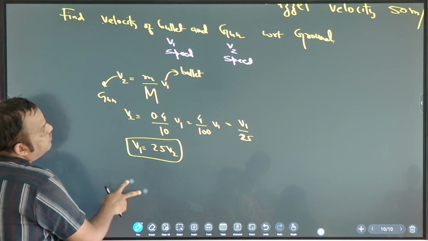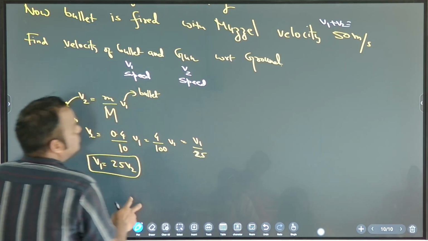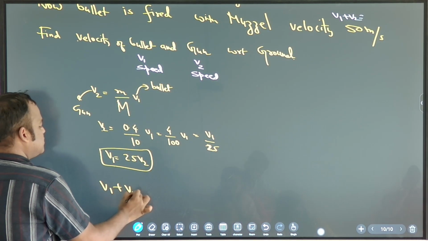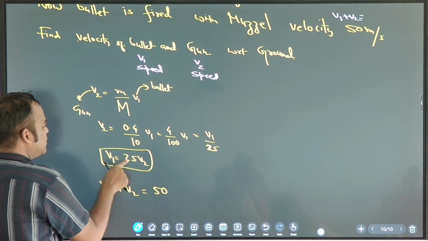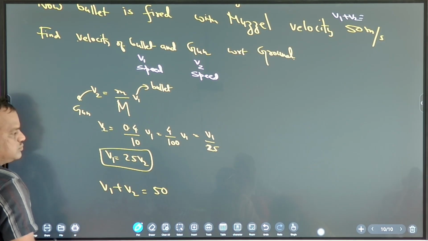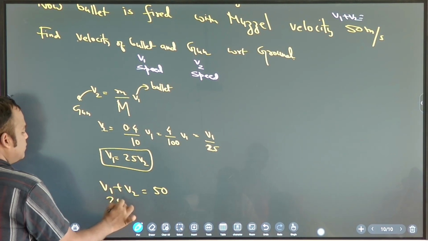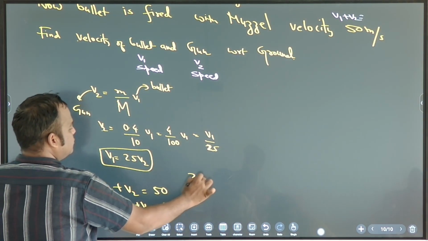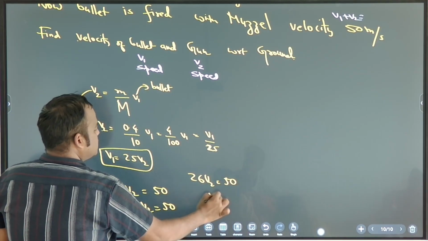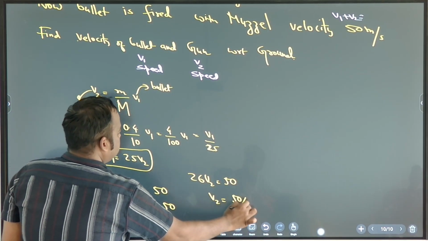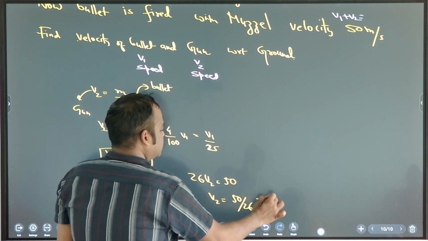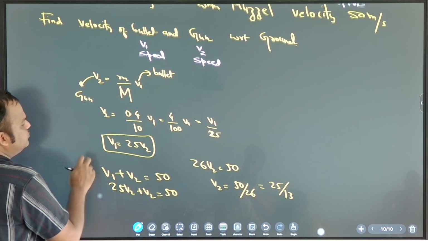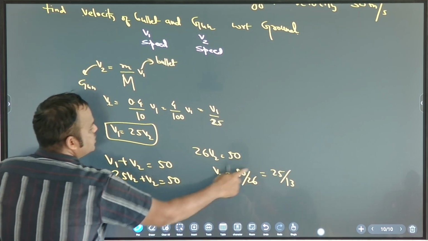Now v1 plus v2 is 50. Put v1 as 25 v2: 25 v2 plus v2 is equal to 50. So 26 v2 is 50, and v2 is 50 by 26, which is 25 by 13.